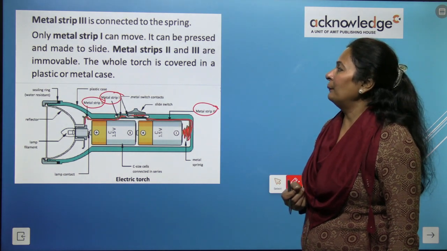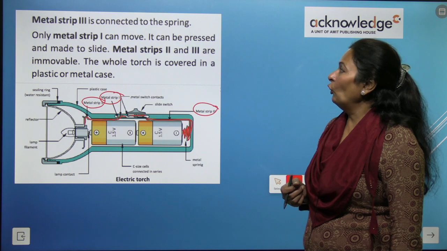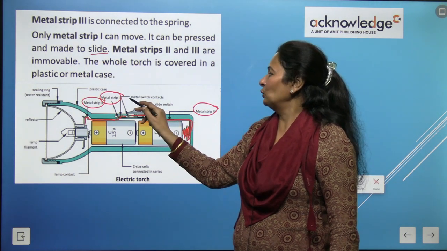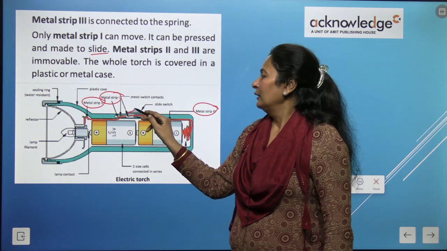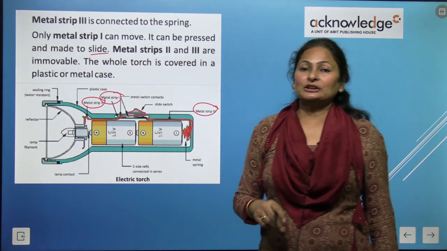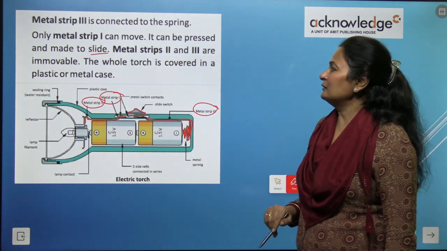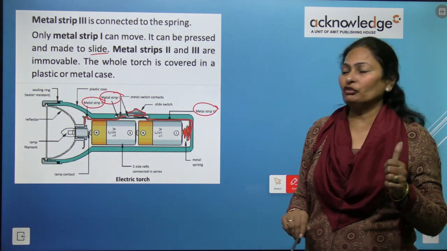Only metal strip 1 can move. It can be pressed and made to slide. As I told you, we slide this button to switch it on or switch it off, right? So metal strips 2 and 3 are immovable.